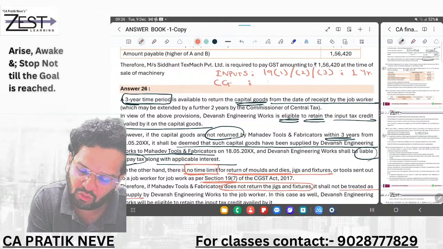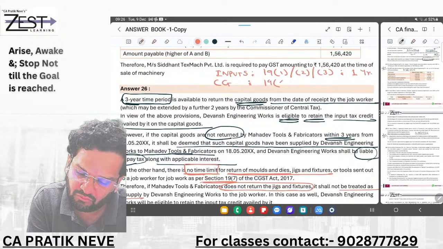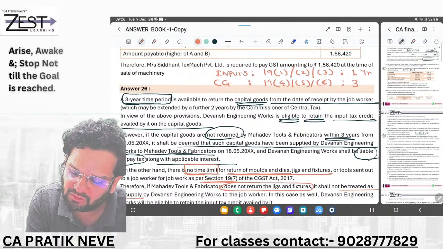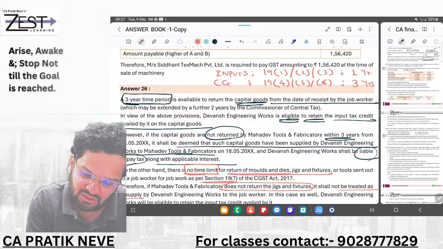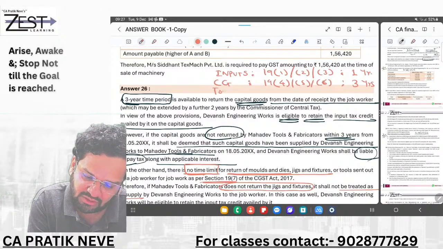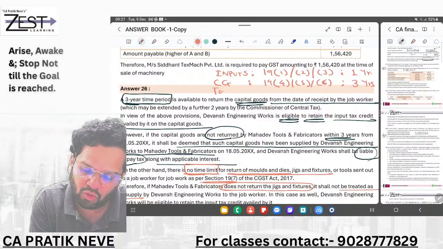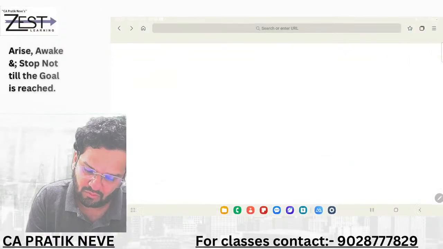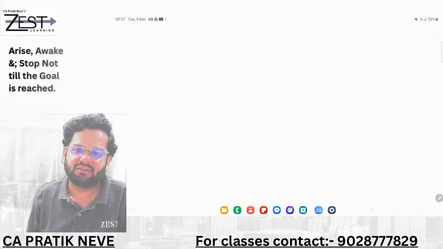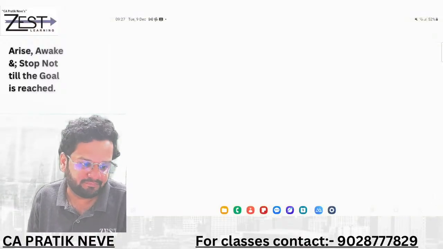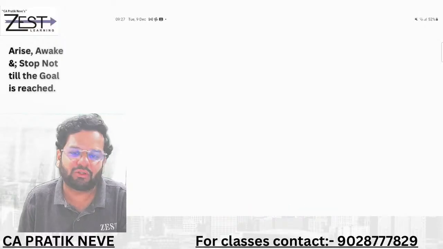For capital goods, 19(4), 5 and 6 apply, for which the time limit for the goods to return back is 3 years. For tools, jigs, dies, molds, the time limit is no time limit.